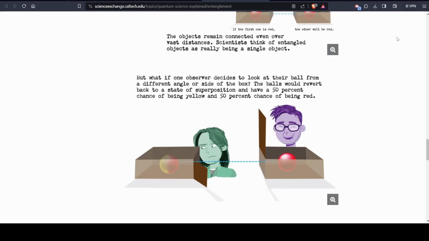Okay, so this is our first overview of kind of the definitions of scalar energy, scalar waves, quantum entanglement.